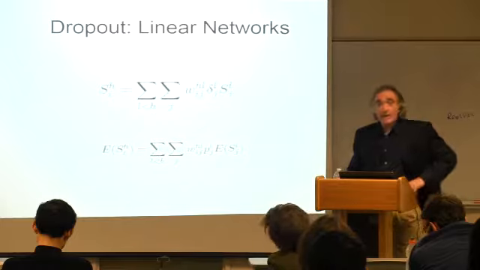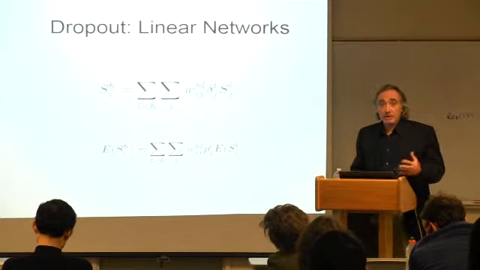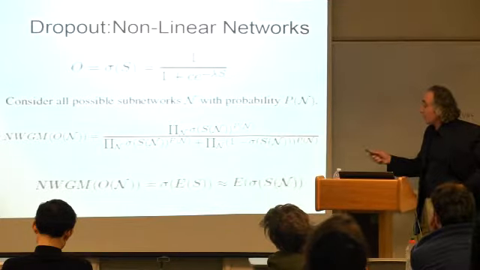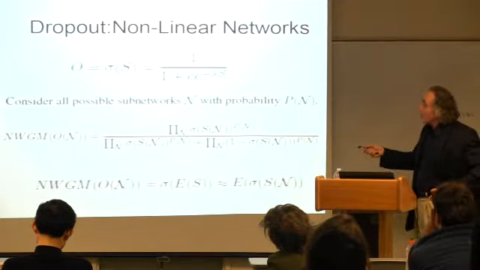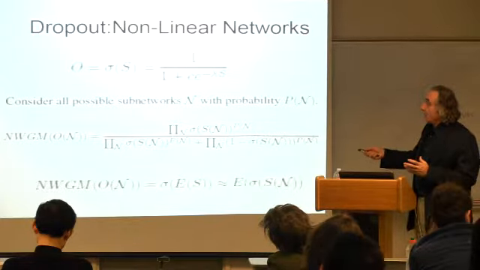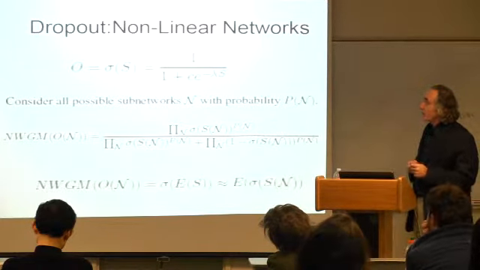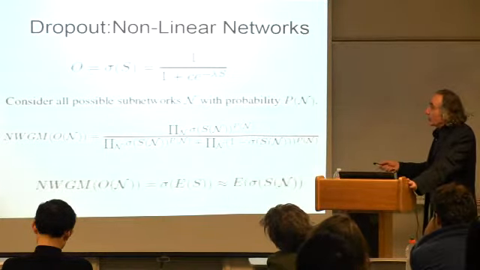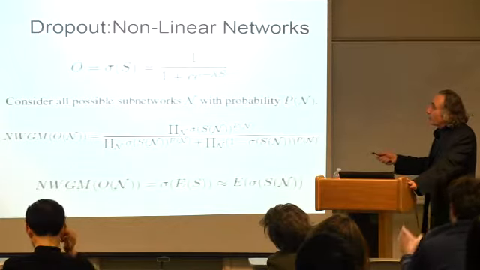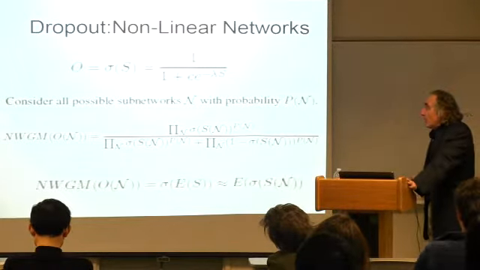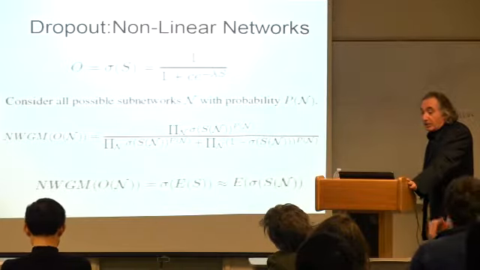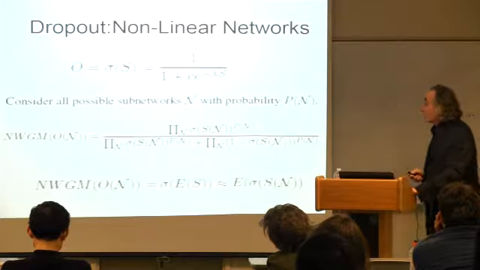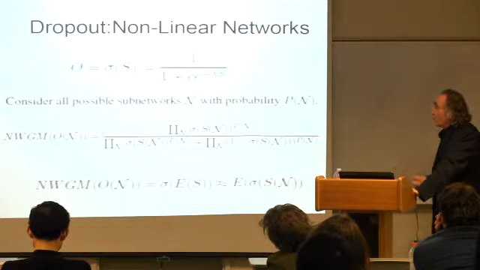But why should anything like this be true in the nonlinear case where you're using sigmoidal functions? Here's a function that computes a linear sum S, and passes it through the sigmoid to produce the output. If you look at all possible subnetworks of this function, that is, all the possible subnetworks that are computing this S, you can take not the normal average but the geometric mean, if you want, of these different networks.